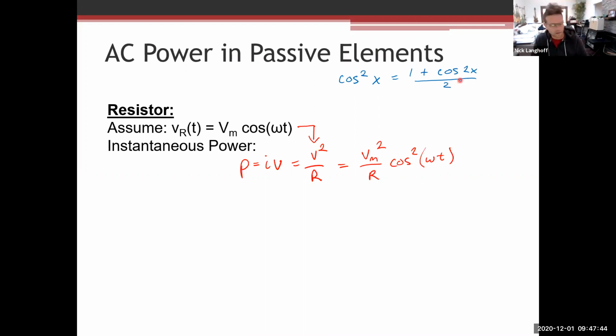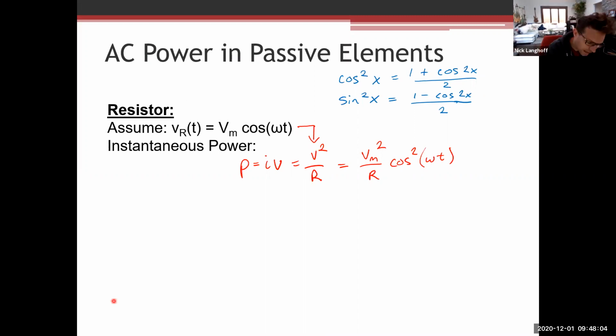And let's just throw in the one for sine as well. We'll be using some of these as we go through the lesson. The sine squared is equal to 1 minus the cosine of the double angle 2x, all over 2. So a couple of trig identities we'll find useful.